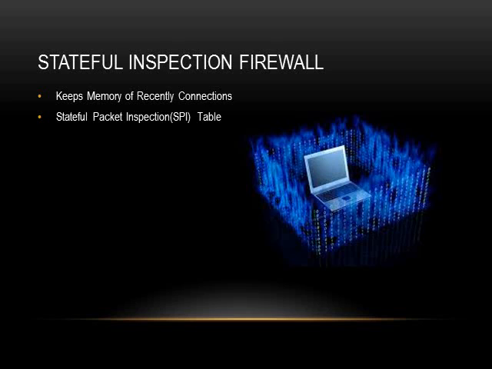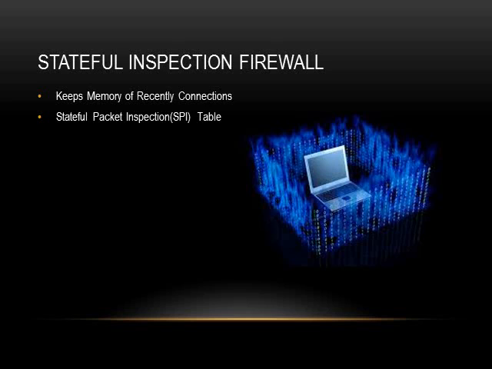For example, when you connect to that web server we discussed earlier, your connection will go into what is called the stateful packet inspection table. When you send a SYN request or TCP request to the web server and it responds with a SYN-ACK, the SPI table will take over and allow that connection.